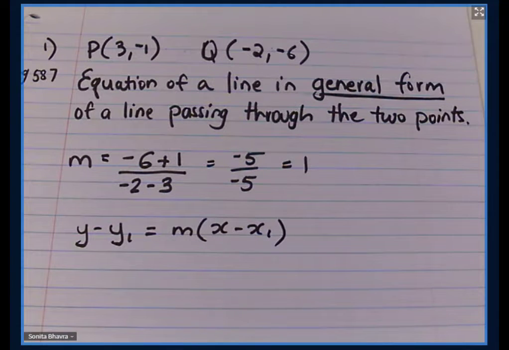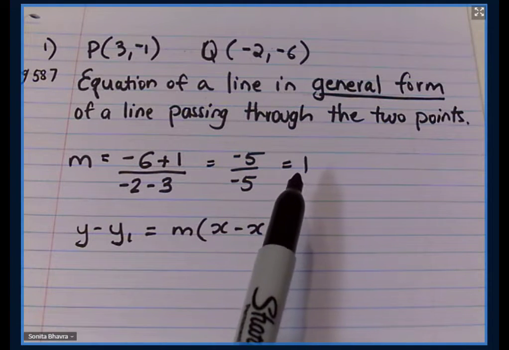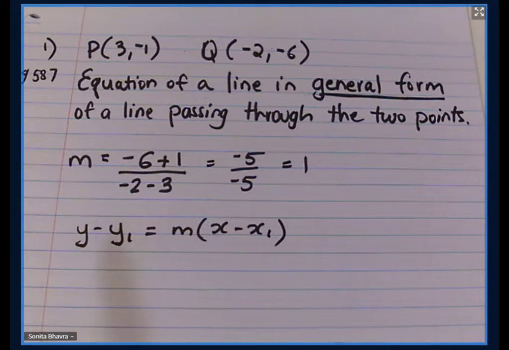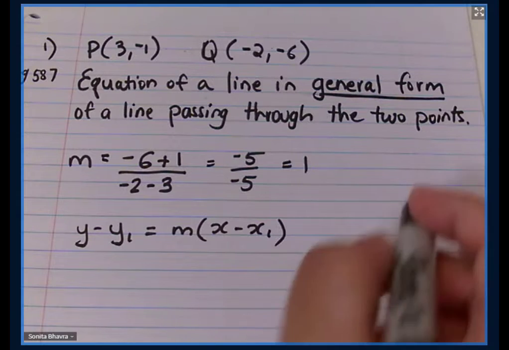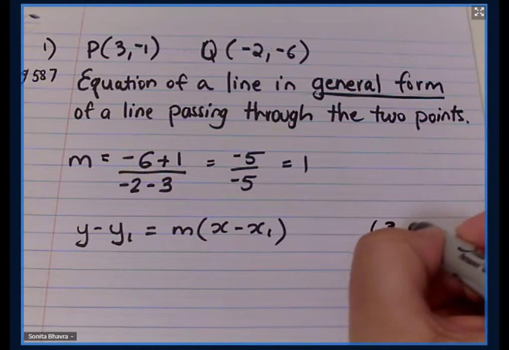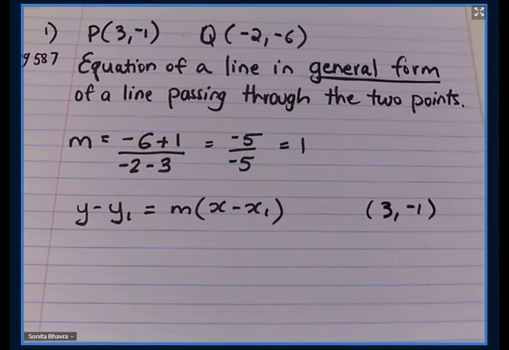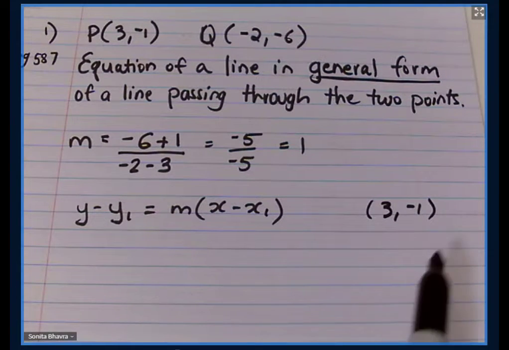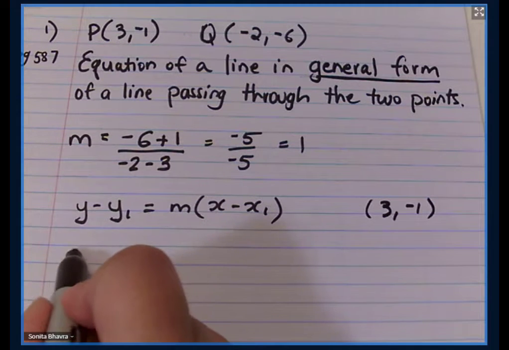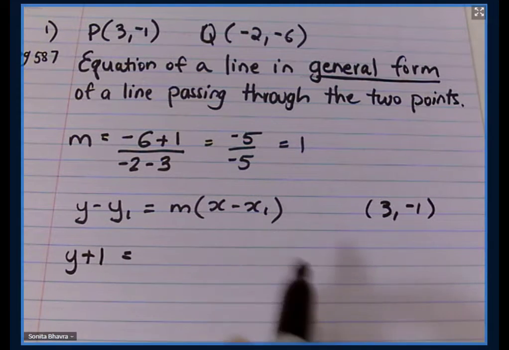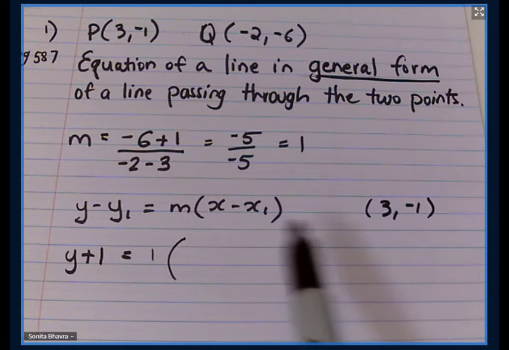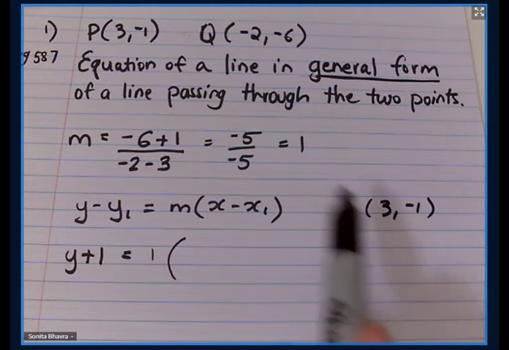All right, so we have our slope here, and we'll use one of our points to figure out the equation. So let's just use 3, negative 1. So y minus negative 1 becomes y plus 1. Our slope is 1. And then x minus 3.